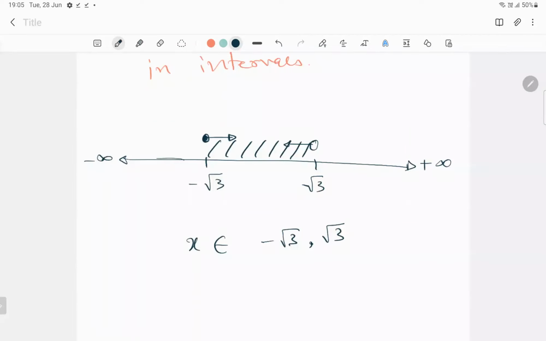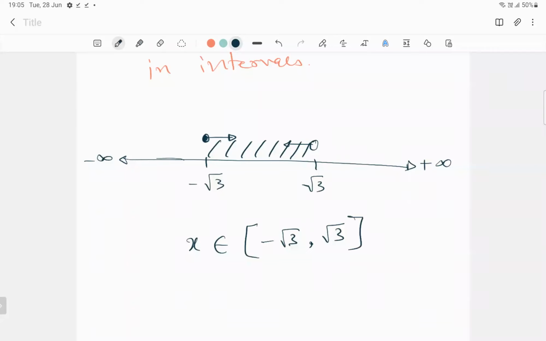And which bracket will we use? What is the meaning of this bracket? The number will be included.